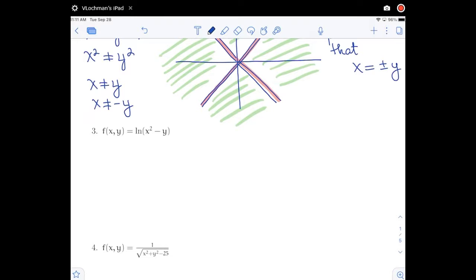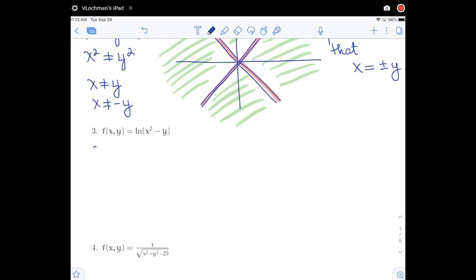For which values? Okay, so we can't take the natural log of 0. That's true. What else? That's not all of it. Natural log of 0 is undefined. Okay, but what else? Yes, the argument of the log function needs to be strictly greater than 0.